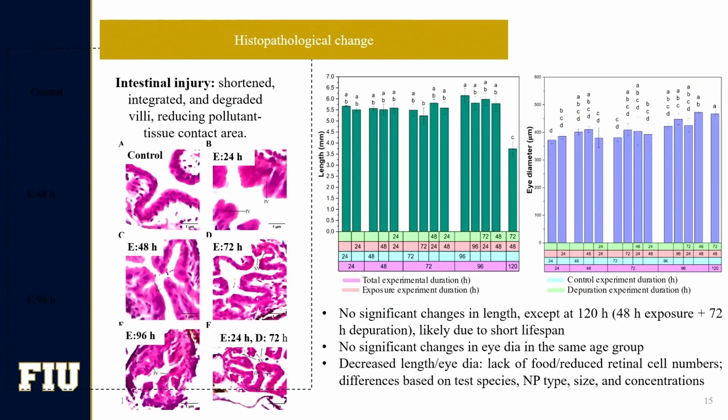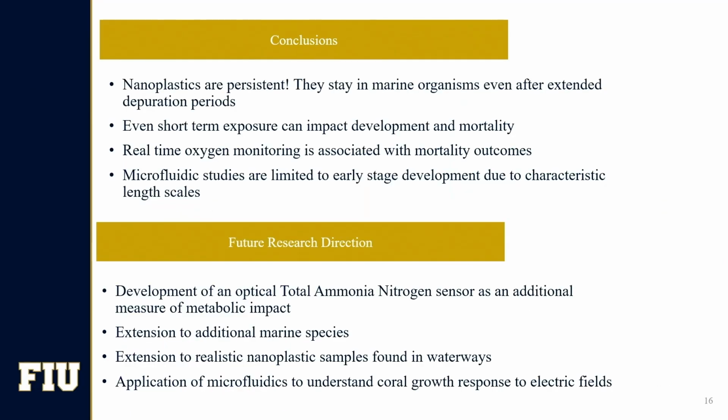Then we took those samples and did some histopathology with them, and we saw basically damage in the gut. Again, these weren't exposed for a super long time, at most we had some damage in the gut.